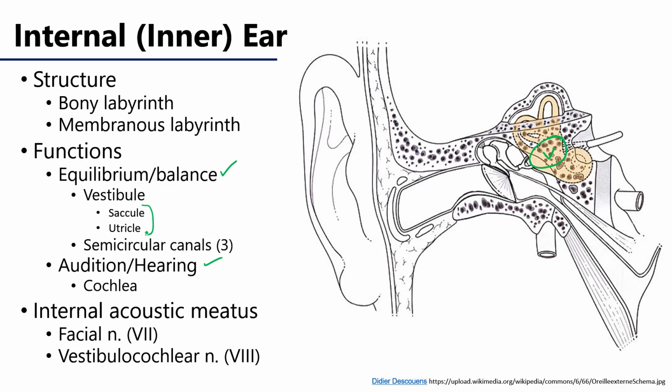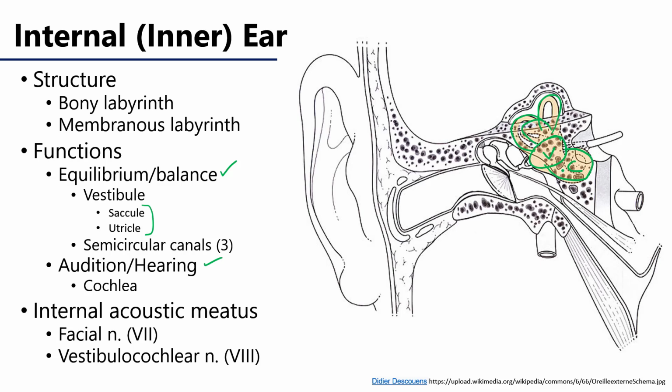And coming off of the vestibule, we have three semicircular canals. And these semicircular canals are very important for dynamic equilibrium, in particular acceleration. Also off of that vestibule is the cochlea, and the cochlea is the organ for audition or hearing.